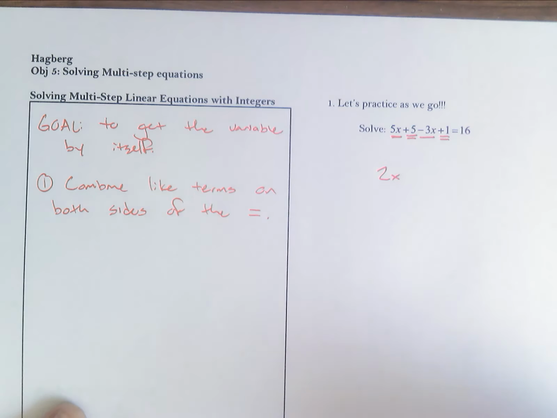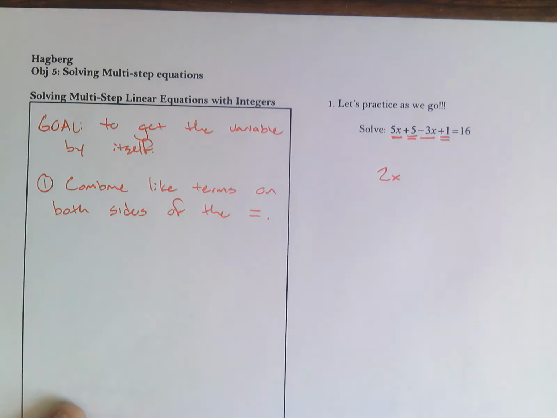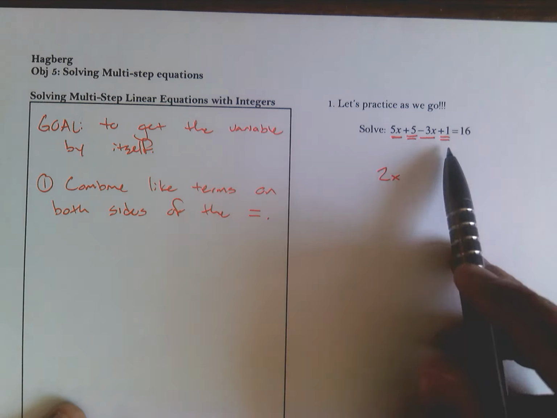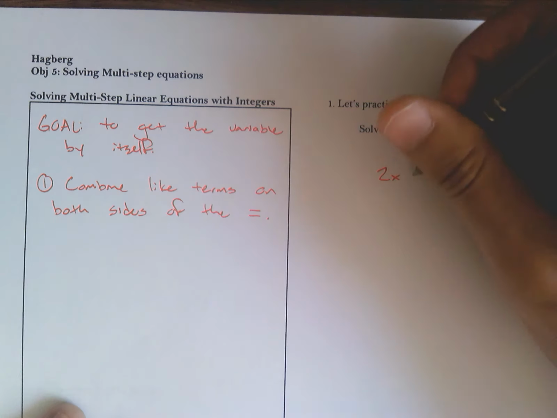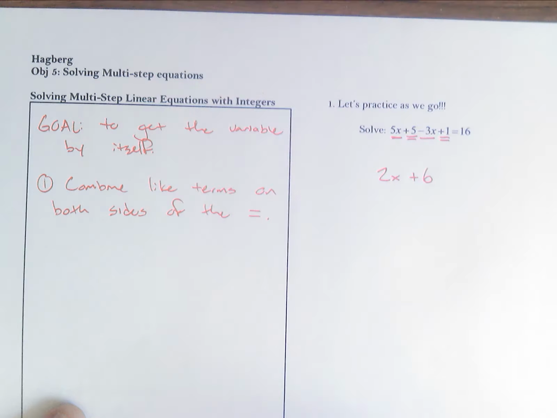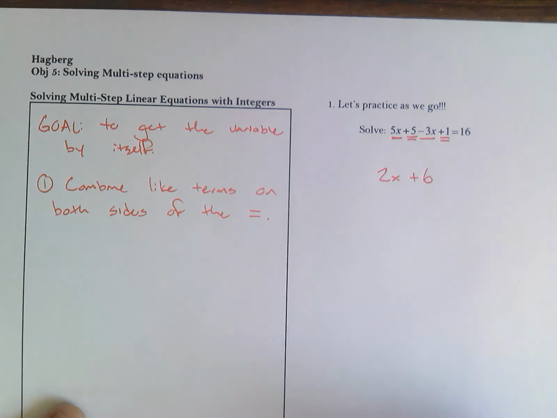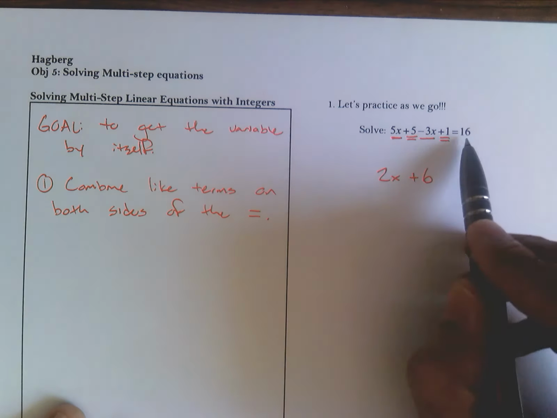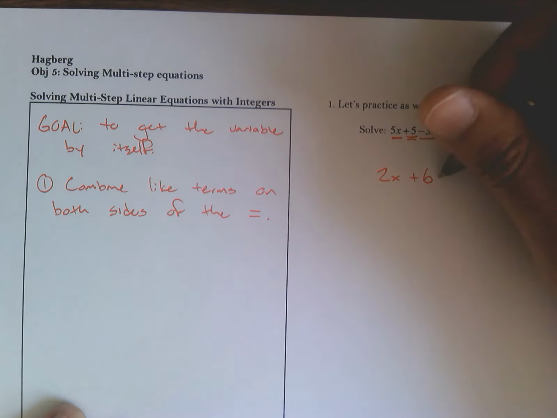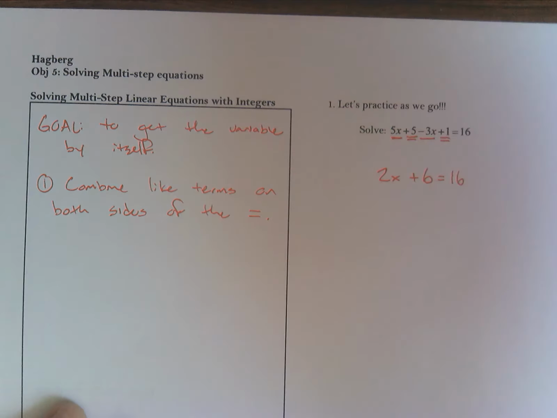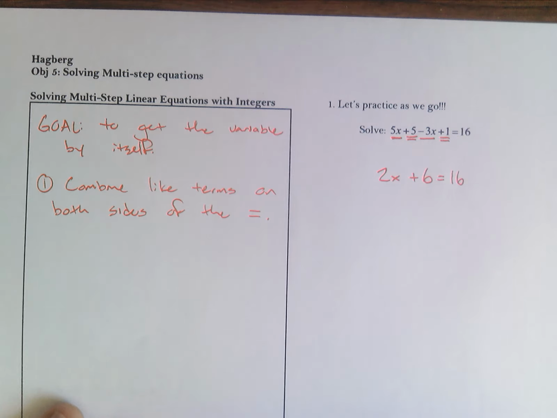Remember, only the number out in front changes. And then we've got plus 5 and plus 1. Well, 5 plus 1 is 6. So plus 6. On the right-hand side of the equation, all we have is 16. There's nothing to combine with here, so that just goes along for the ride. Okay, this looks more familiar.